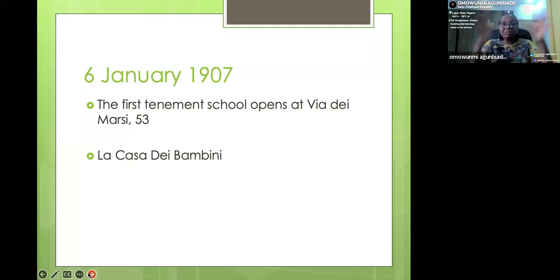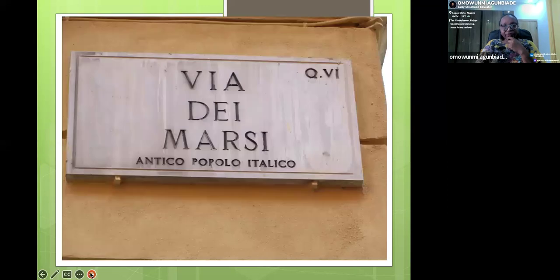And she just started the school there. It was like a house environment. So this was started on the 6th of January, 1907. So this is the building here, the Casa de Bambini.